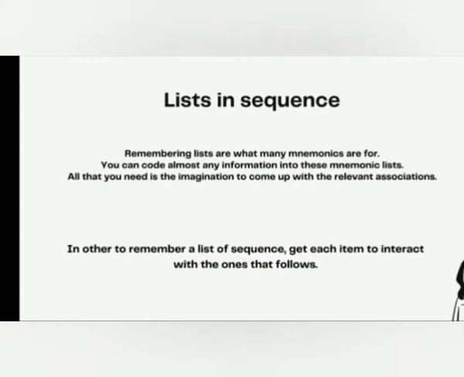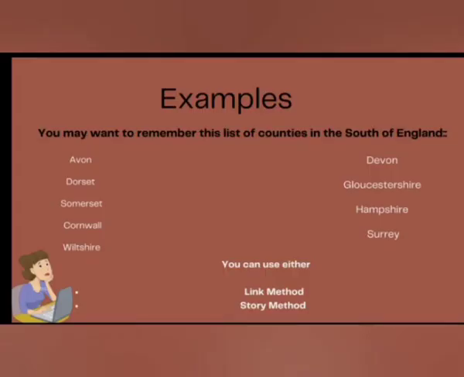Now, in order to remember a list of sequence, you have to get each item to interact with each other. For example, if we want to remember the list of countries in the south of England, we can either use a link method or a story method.